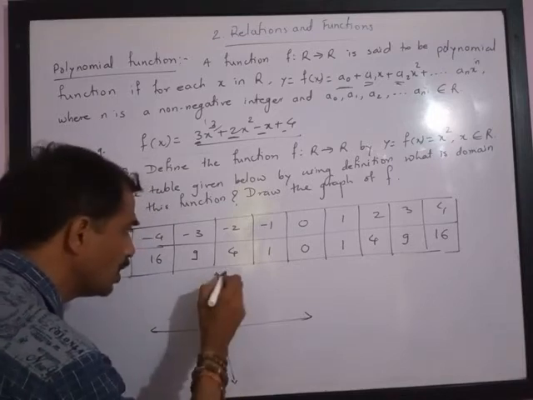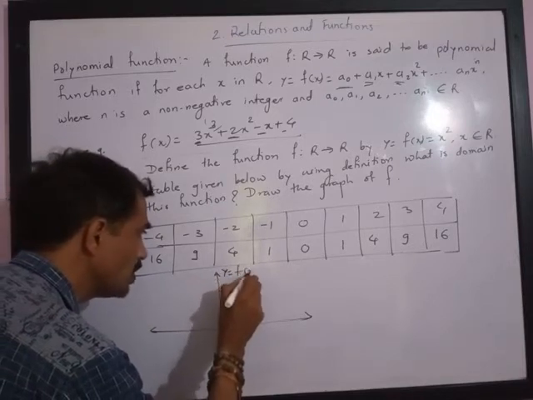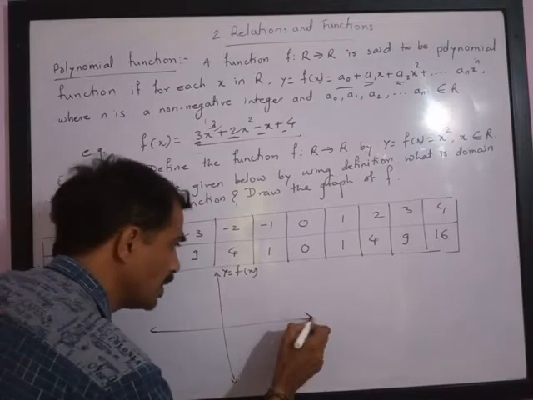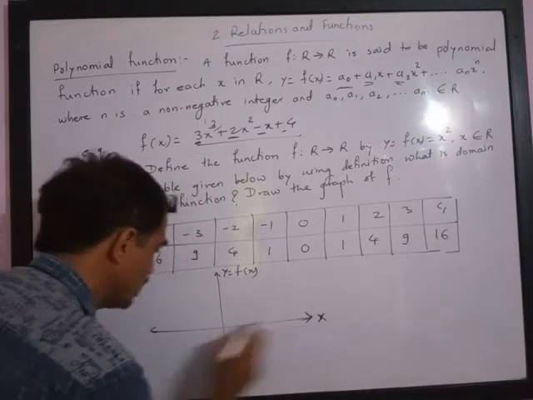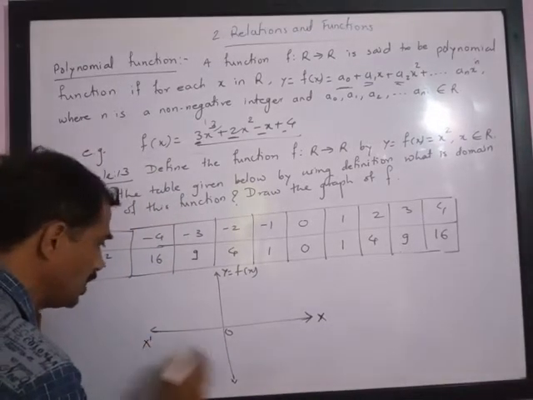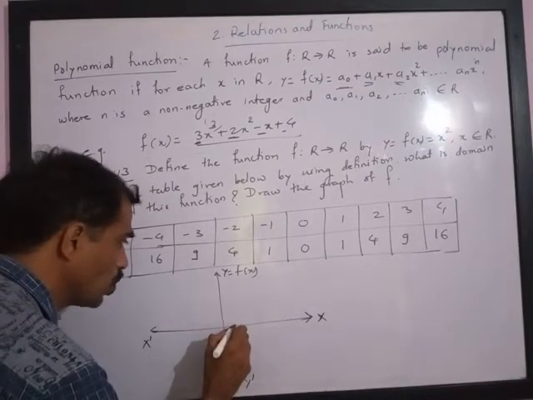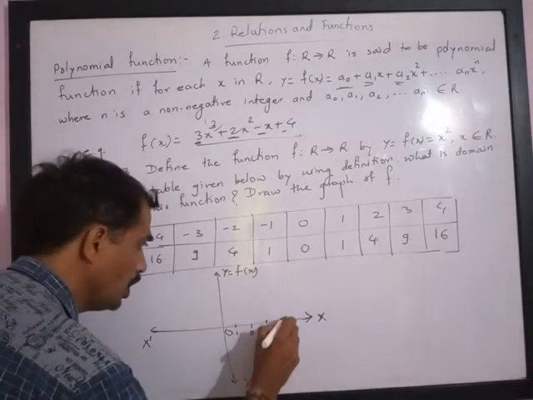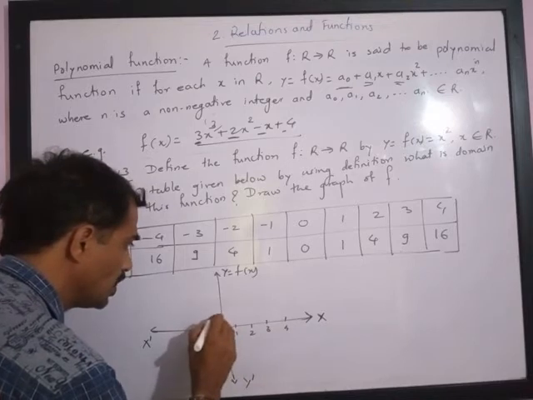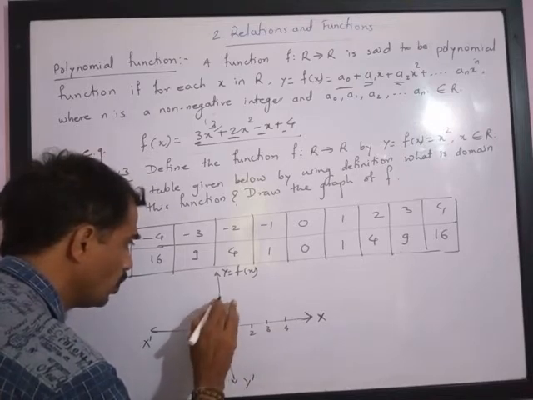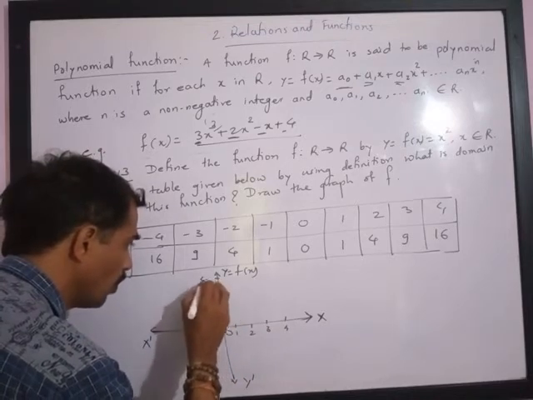We always take y is equal to f of x on the y-axis, then this is the x-axis, origin, x dash, y dash. If this is 1, 2, 3, 4, this side it is 1, 2, 3, 4.